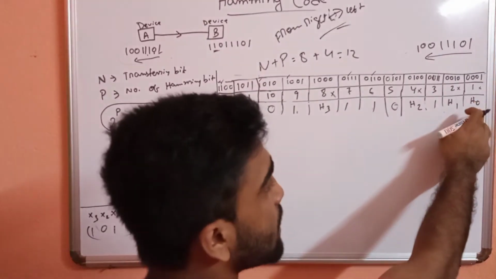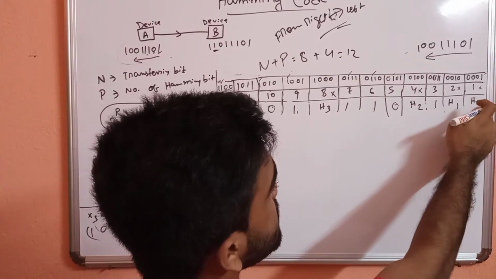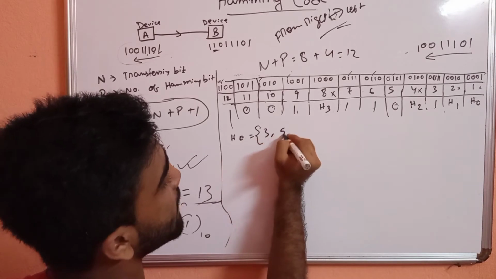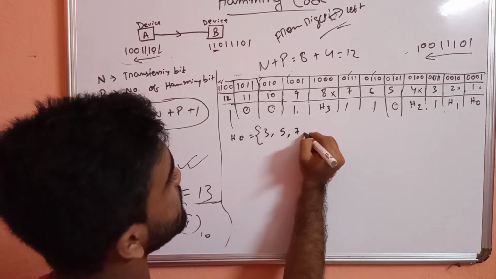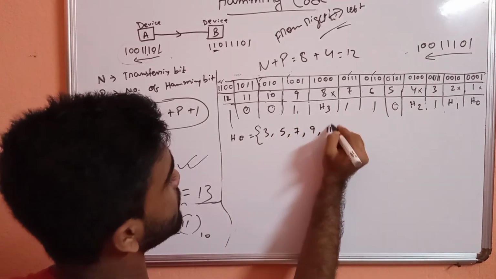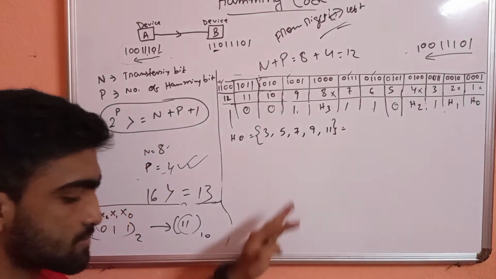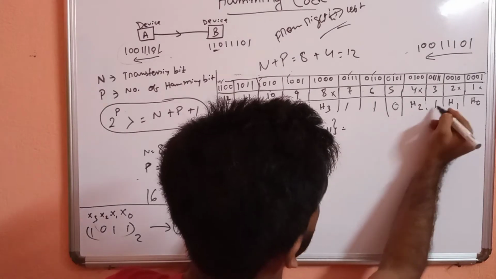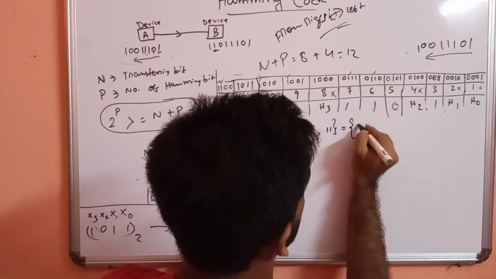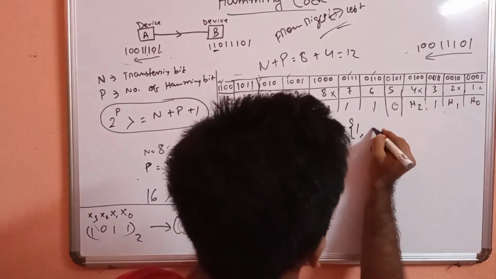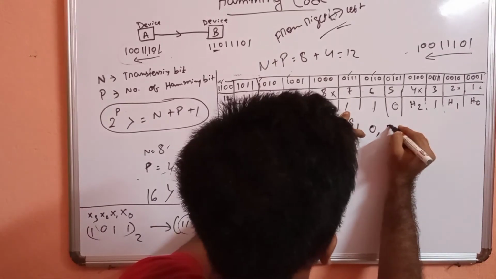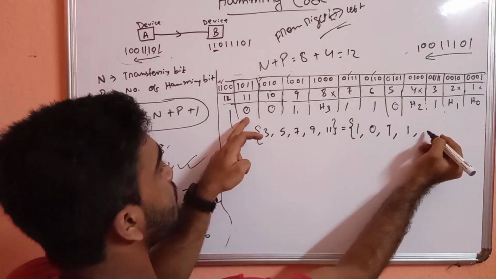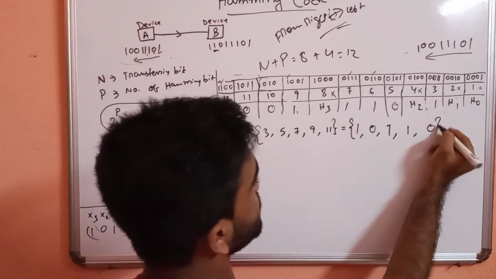Leaving this 1, all the odd numbers: 3 5 7 9 11, right? Now see, under 3 the bit is 1, under 5 is 0, under 7 is 1, under 9 is also 1, under 11 is 0, right?